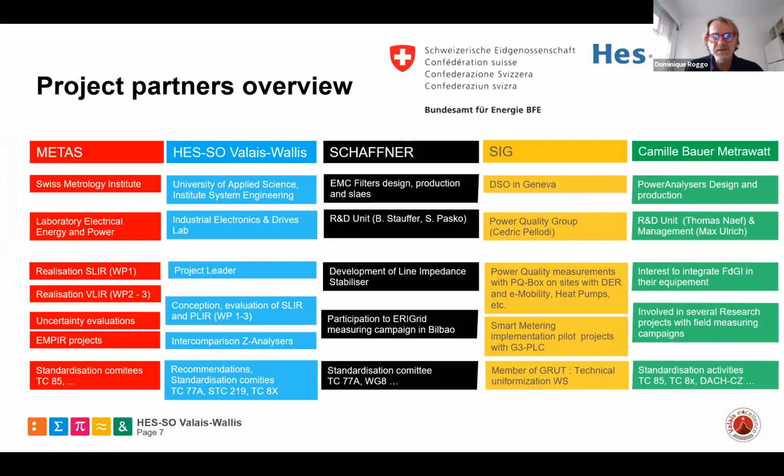The project partners, I summarized here, it's a bit too detailed for presentation now, but we have one institute of metrology, METAS, in Switzerland. We have three industrial partners: Schaffner, EMC, mainly filter design; SEG, a utility; and Camille Bauer Metrawatt, who design power quality instrumentation.